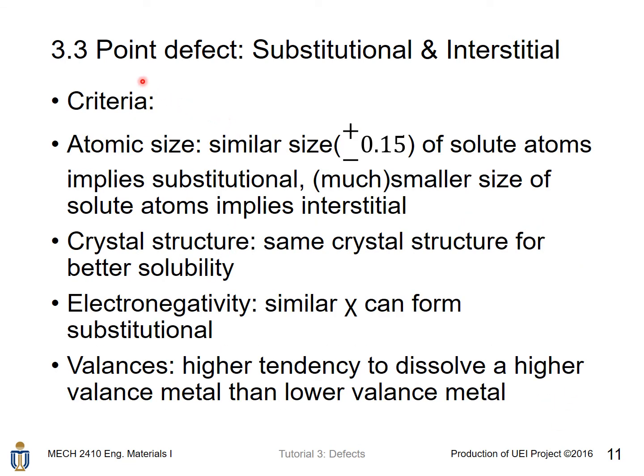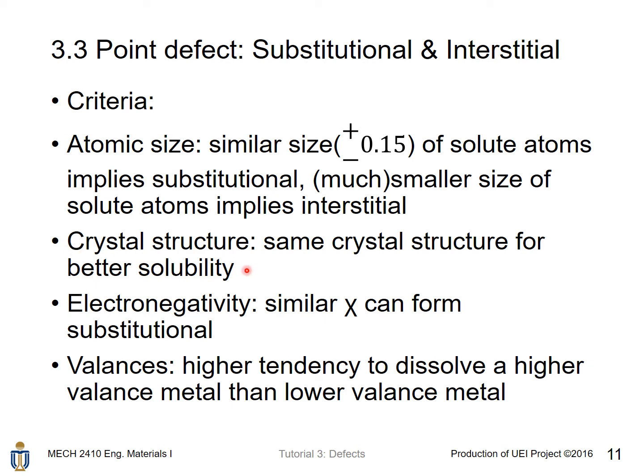Criteria to consider for substitutional impurities: the atomic size must be similar, for example plus or minus 15% of the solvent atoms, which will imply substitutional. If the impurity atom is much smaller, then the impurity atoms will form interstitial impurities.